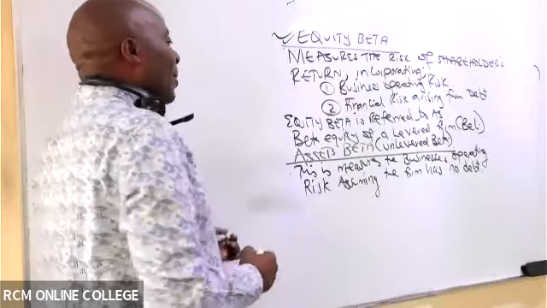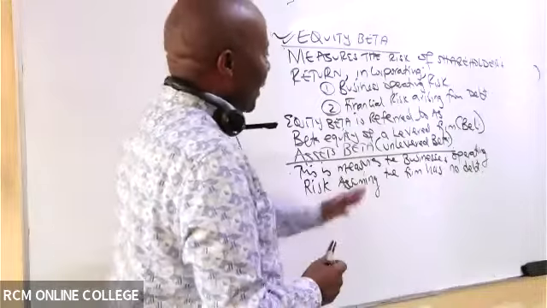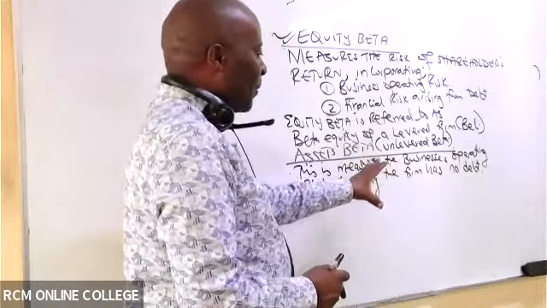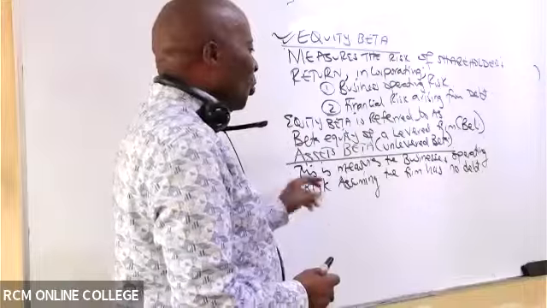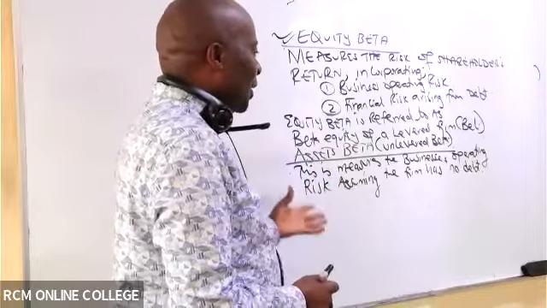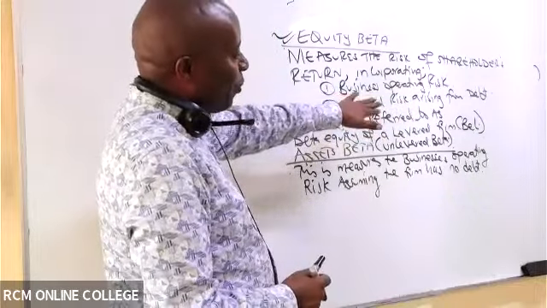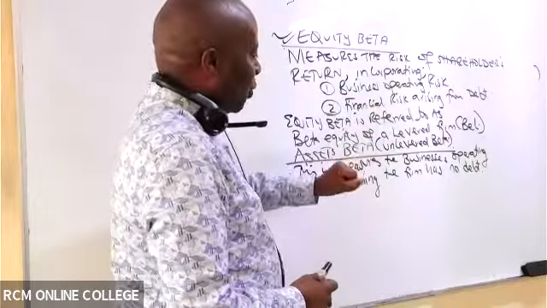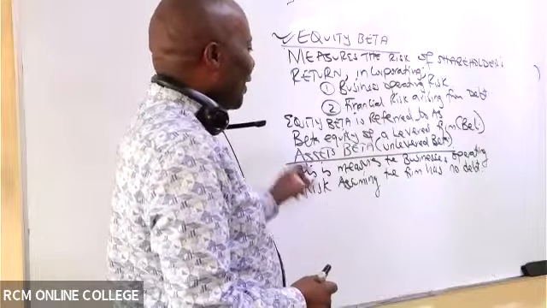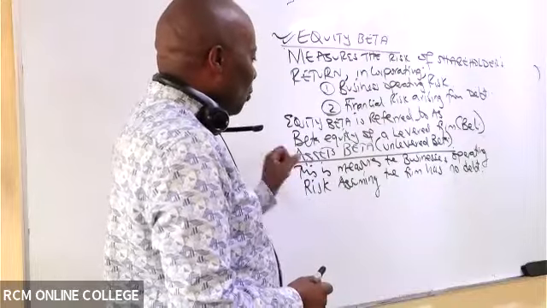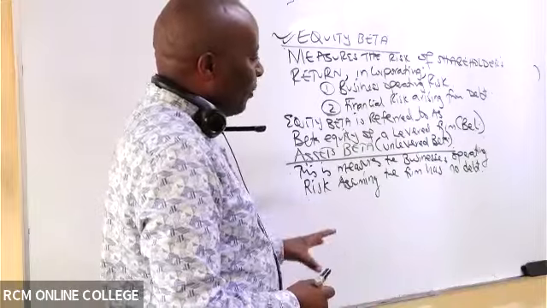So whenever you hear about asset beta, it means unlevered beta, and it always measures operating risk, this part alone. It doesn't look at financial risk arising from debt.